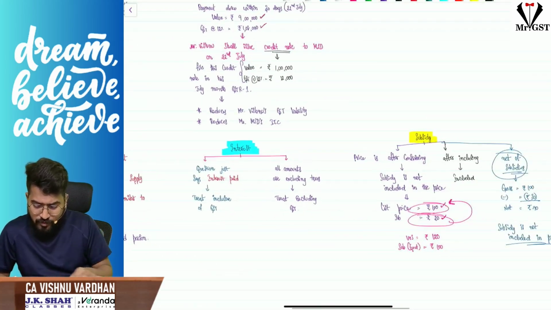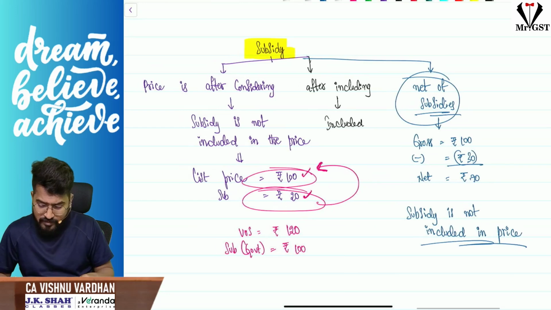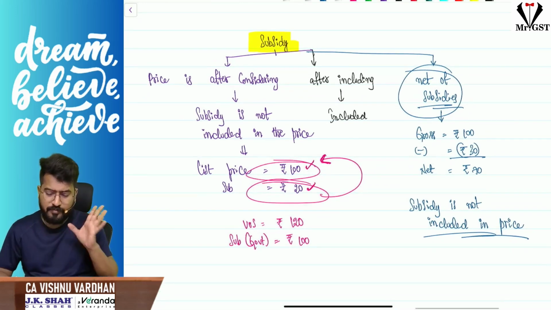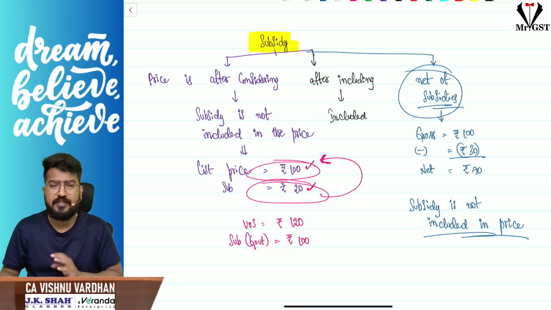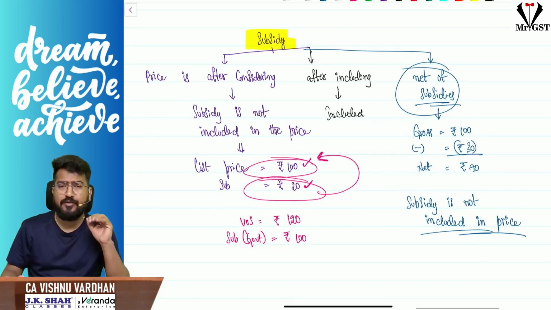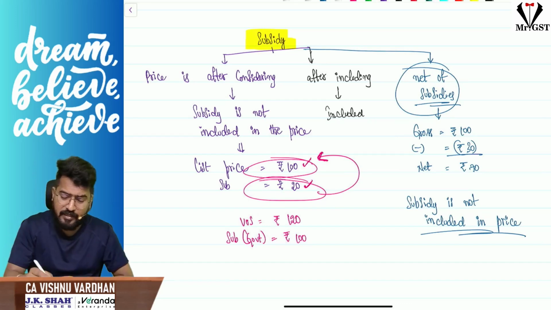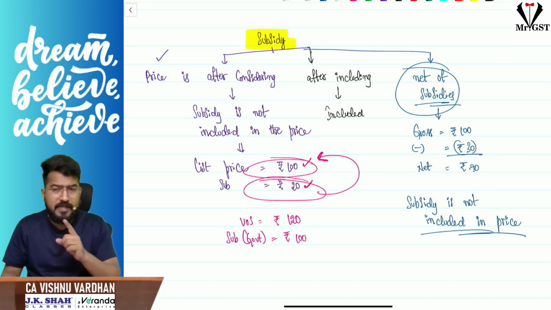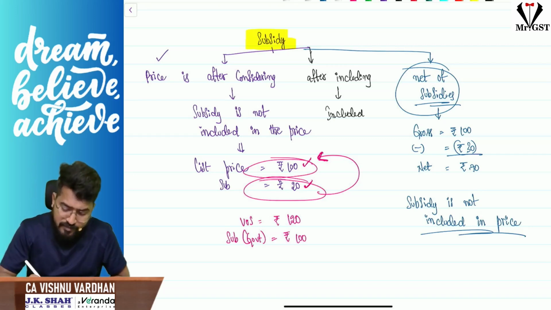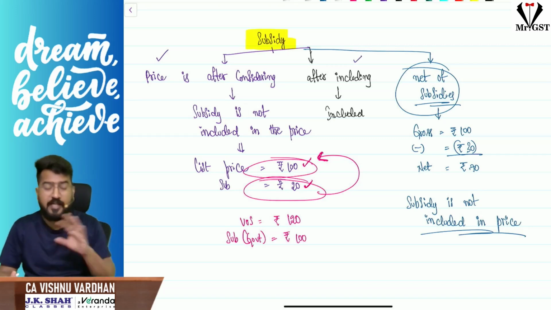Now, the tax treatment, the treatment in problems. In problems you will mainly find three types of wordings. Whenever you see subsidy in a problem, they may use the words price after considering subsidy. Please understand, price after considering subsidy and after including subsidy are different.